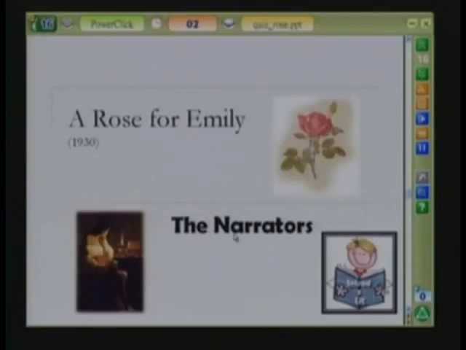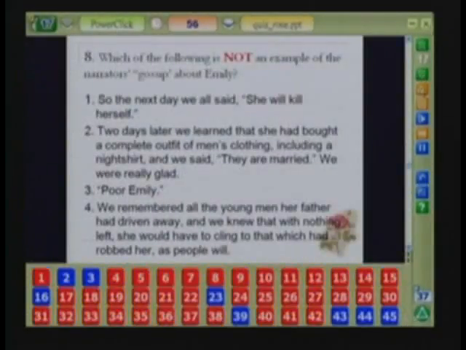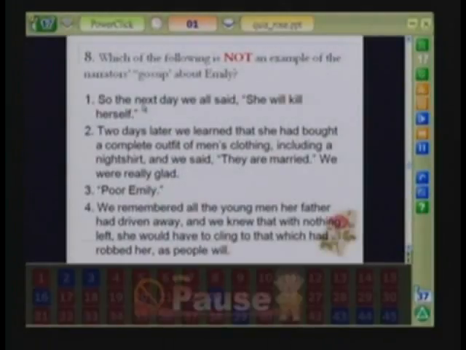Okay, so we have dealt with setting and plot and Emily, and now let's move on to the narrators. Let's take a look. Yet, this happens after the town people know that she goes to buy the arsenic. Okay, and then this is the time when they see them going around on the street.